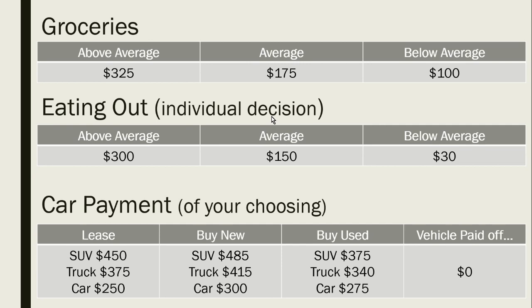If you have Totino's pizza rolls randomly, and some peanut butter, maybe some bread, and some mac and cheese, you can potentially pull off $100 a month, and that's pushing it. But if you sometimes go out, but most of the time you'll have a pizza at the house, or you'll make yourself a meal here and there, or you make a meal and it lasts you 2 or 3 days for leftovers, that would be your $175 person.